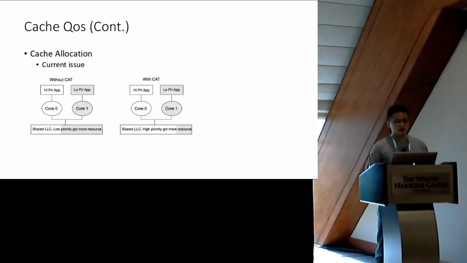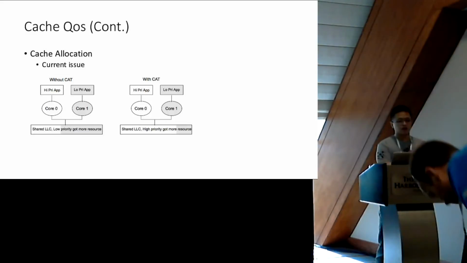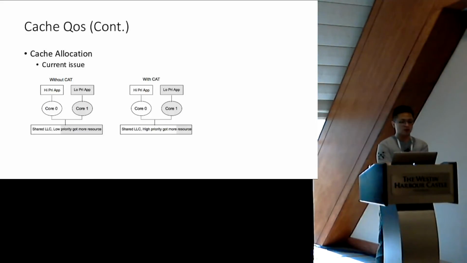This is not good for real-time because the real-time workload is sensitive to the latency of memory access. With cache allocation technology, we can limit the cache used by low priority applications, which makes sure the memory access is fast enough for the real-time workload.